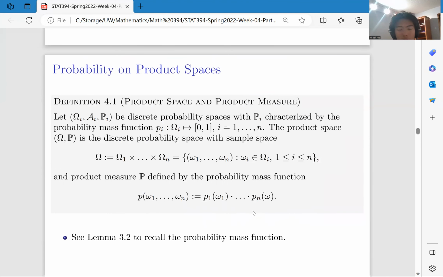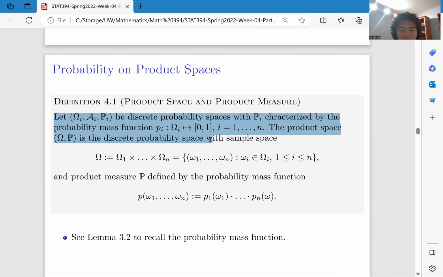And here we want to introduce a new concept. It's called the product space. Hopefully you already understand what the Cartesian product is. So let (Omega_i, A_i, P_i) be a probability triplet with index i, a discrete probability space characterized by the probability mass function p_i, which sends each sample to the interval 0 to 1.